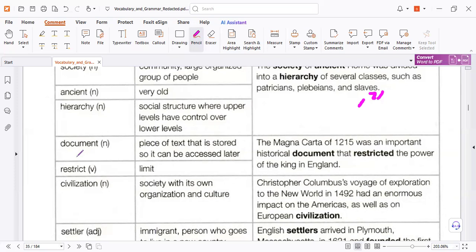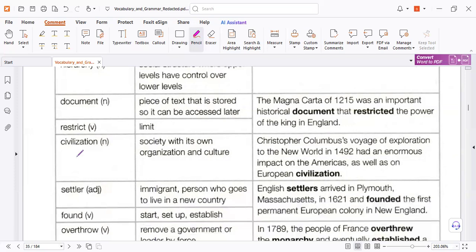Civilization: society with its own organization and culture. Settler: migrant, person who goes to live in a new country. Found: start, set up, establish. English visitors arrived in Plymouth, Massachusetts in 1621 and founded the first permanent European colony in New England.